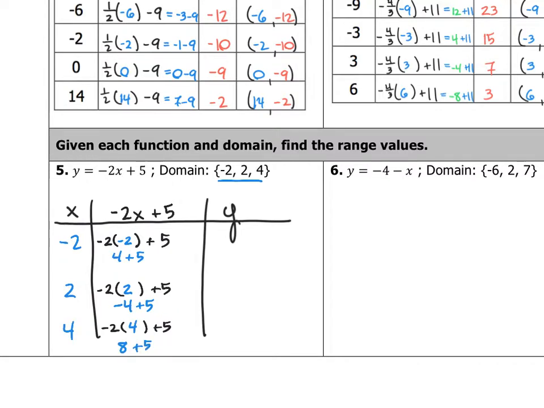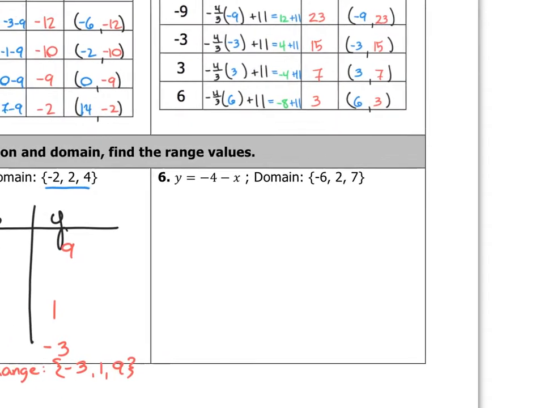So I get 4 plus 5, which is 9 for this y value, -4 plus 5, which is 1, and -8 plus 5, which is -3. So I have 3 y values, which are my range values. The range here is -3, 1, and 9. Remember to list those in braces from least to greatest.